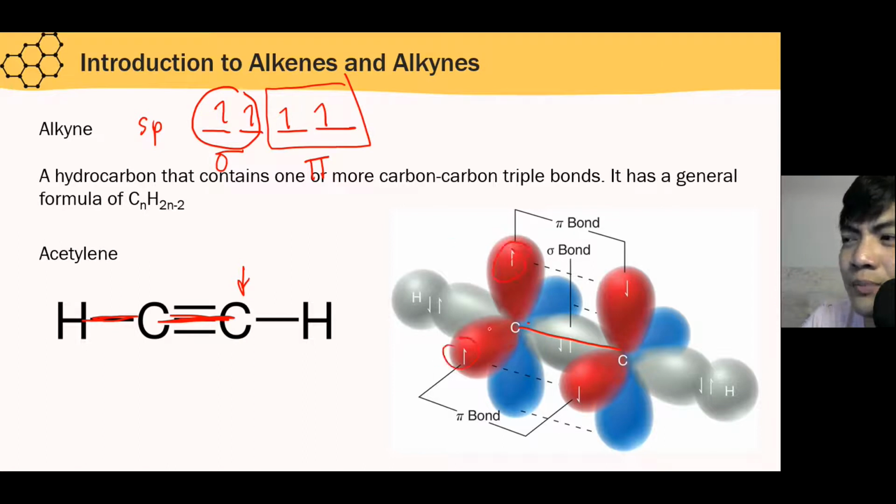Ito pati ito for this carbon, ito pati ito for this carbon. Those single electrons can also connect with each other. And how many bonds are there between these two carbon atoms? Isa, dalawa, tatlo, creating your triple bond.